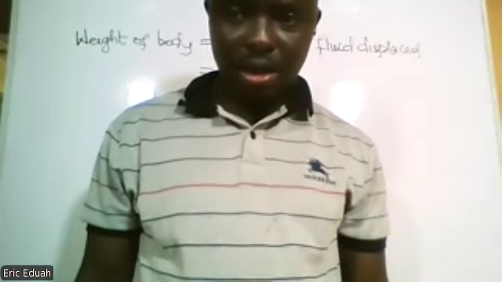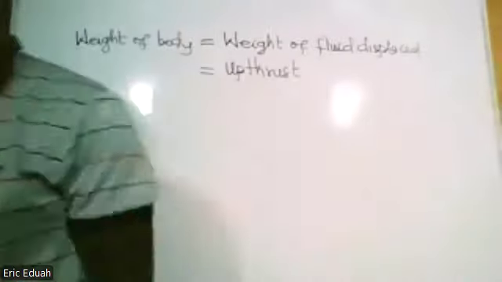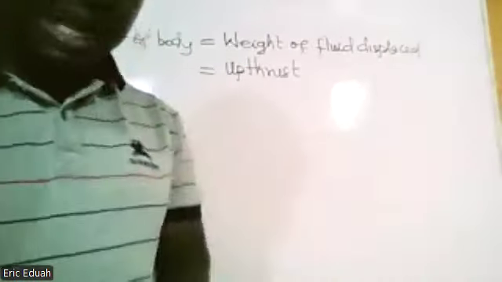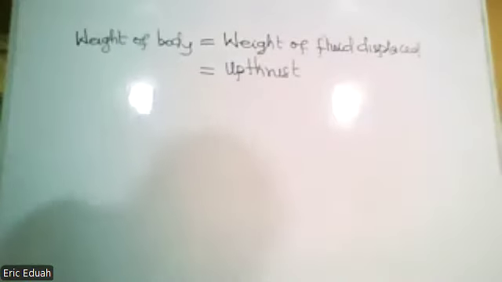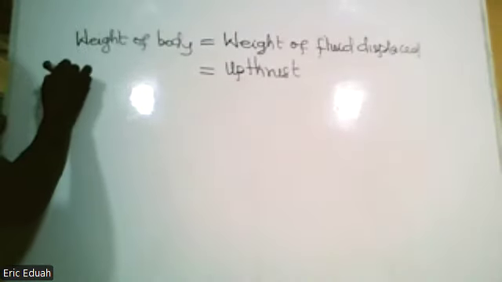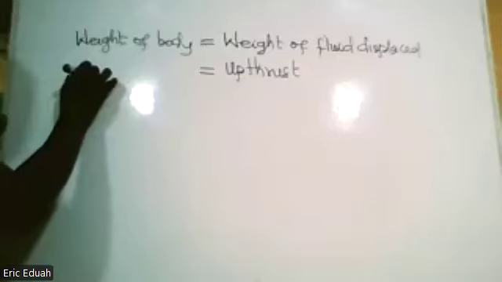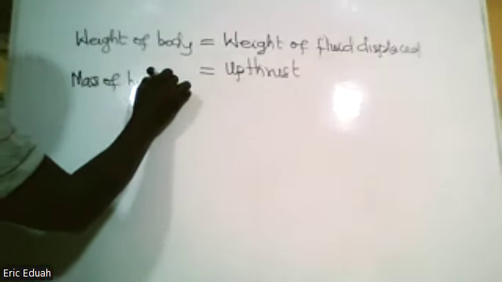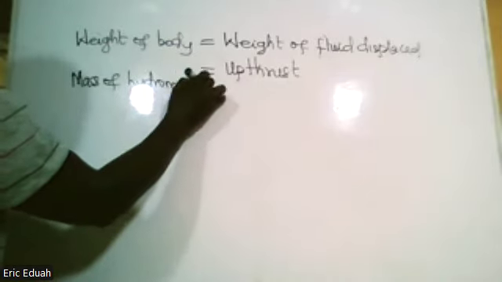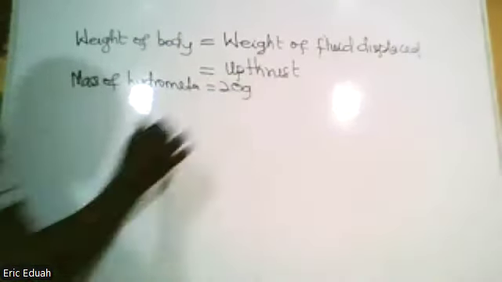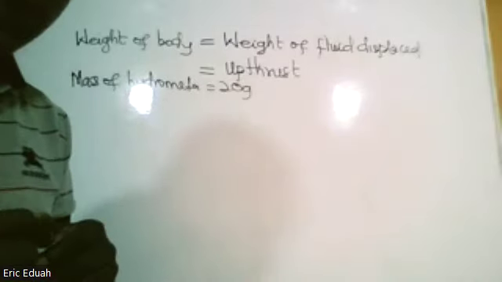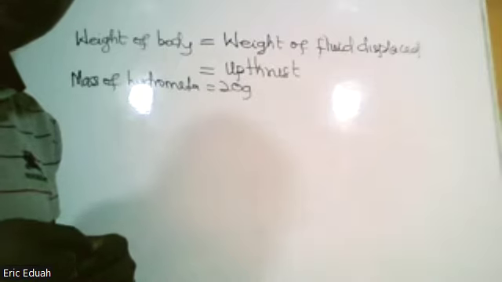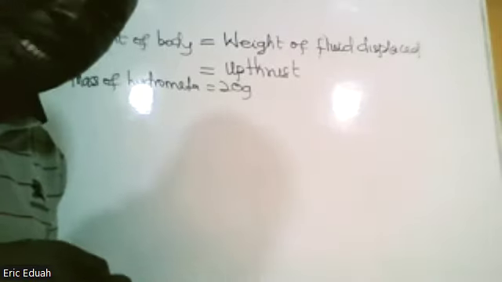Yes, please. Okay. So then let's look at it: an ordinary hydrometer of mass 20 grams. So the mass of the hydrometer, we are told, is 20 grams. It floats in brine of density 1,200.